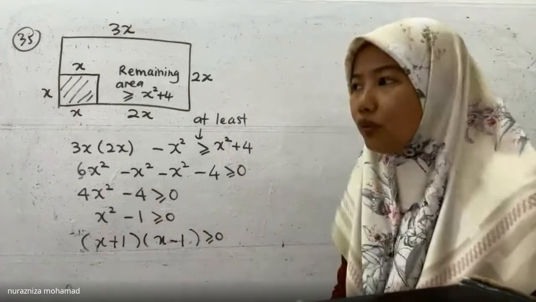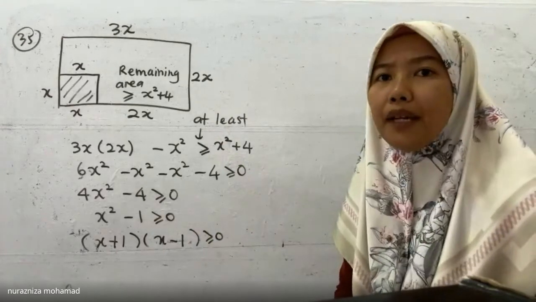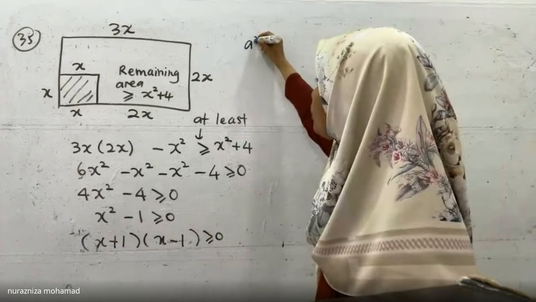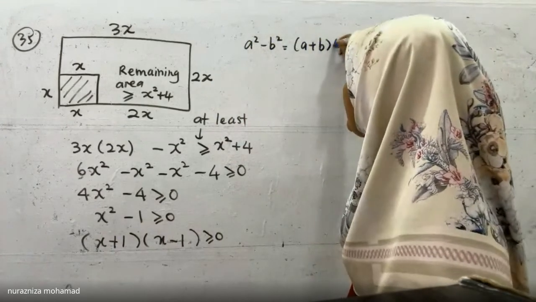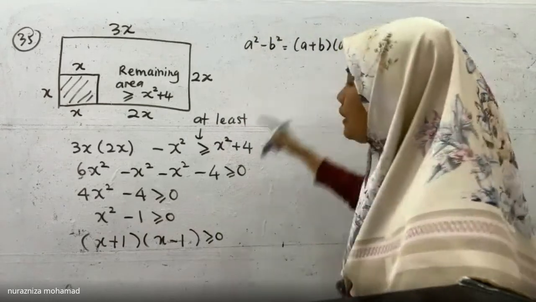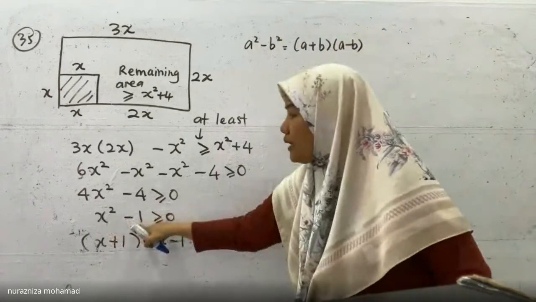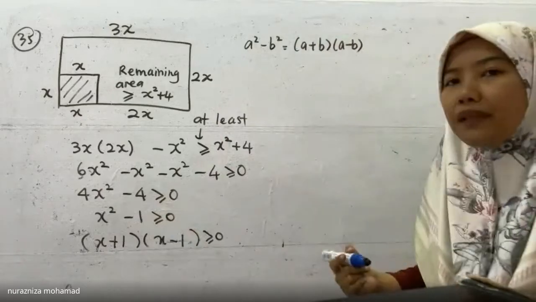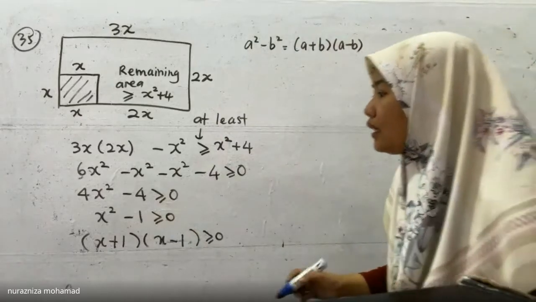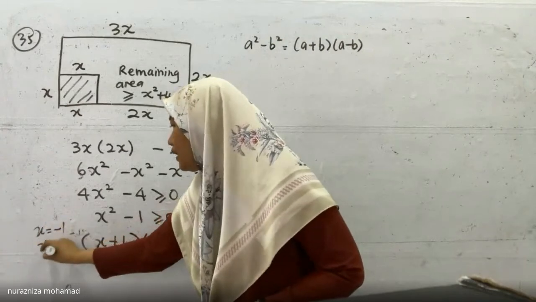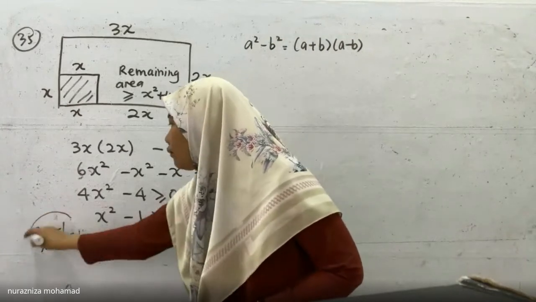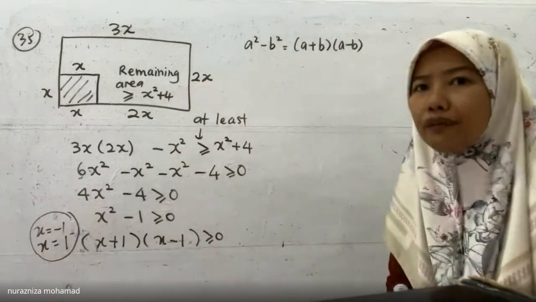Or you can use a squared minus b squared, which is equal to a plus b, a minus b. So this is a squared, this is b squared. So it's equal to x plus 1, x minus 1. So therefore, x is equal to negative 1. The other one, x is equal to positive 1. So this is our reference.